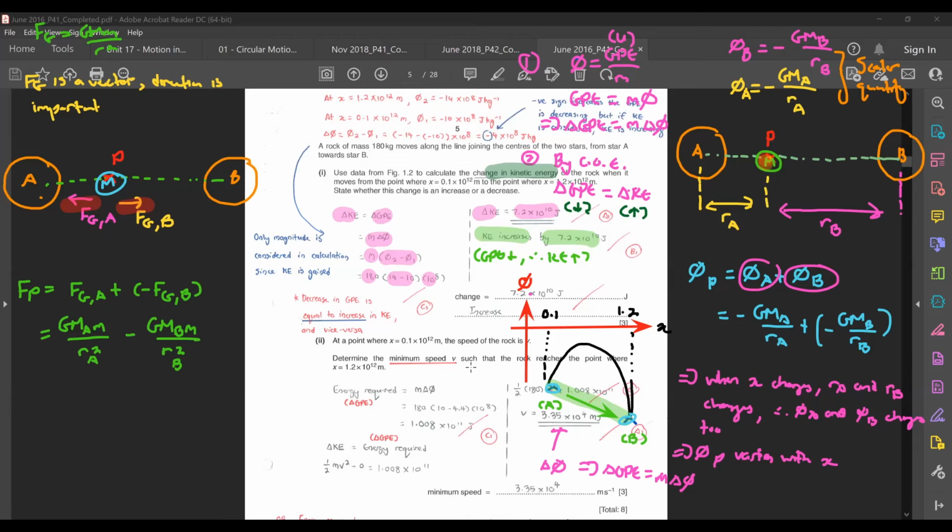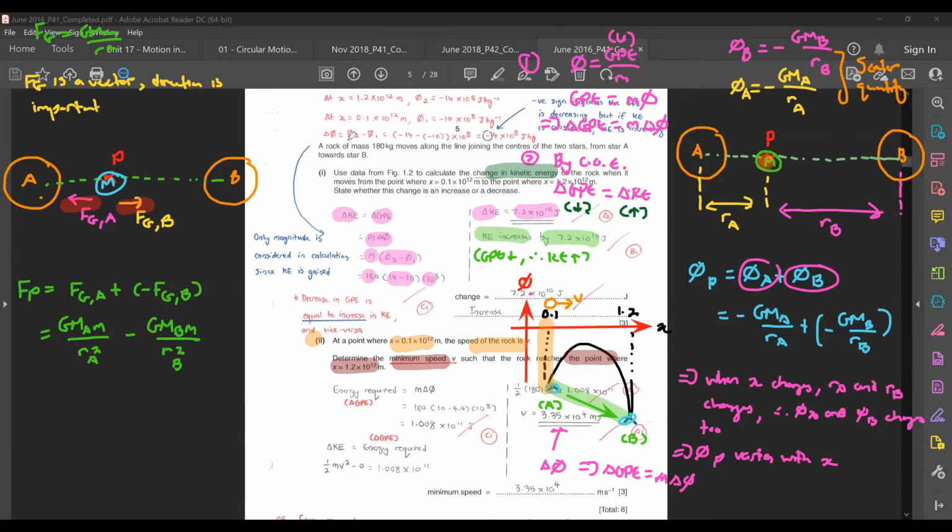Now, for part 2, if you read the question, at a point where x is 0.1 times 10 power 12, the speed of the rock is v. Meaning to say, at this point here, you are projecting a rock with a speed of v from the surface of star A. Find the minimum speed v such that the rock will reach the point where x is 1.2 times 10 power 12.